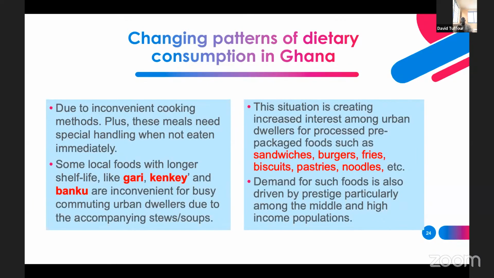All right. So also, these meals are specially handled when not eaten immediately. For some reasons, if you take foods like gari, keke, banku, which have a longer shelf life, somehow the sauces we used to eat with them, when you get to a fast-paced, urban area or people living in the urban area, this becomes so cumbersome to carry around, especially if you don't have your own source of transportation and you have to join public transport.